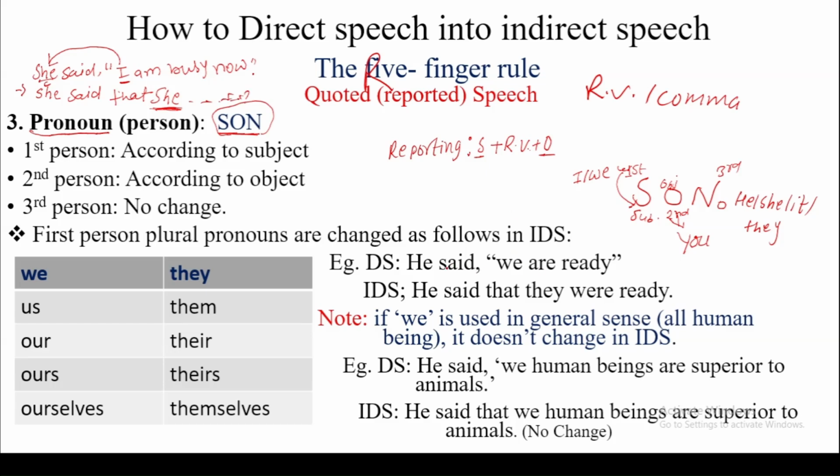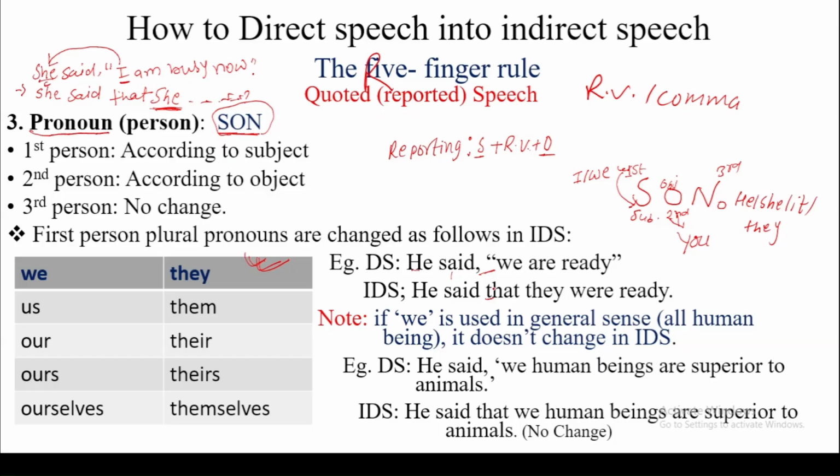Now look at these examples and this table. This table especially presents the rules regarding the change of pronouns if there is we. Look at this example: He said, "We are ready." While changing this sentence into indirect speech, he remains the same, said remains the same, and instead of a comma, that is written.